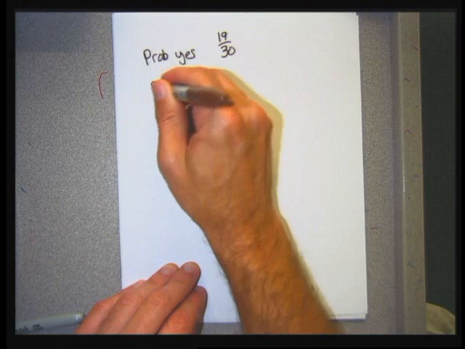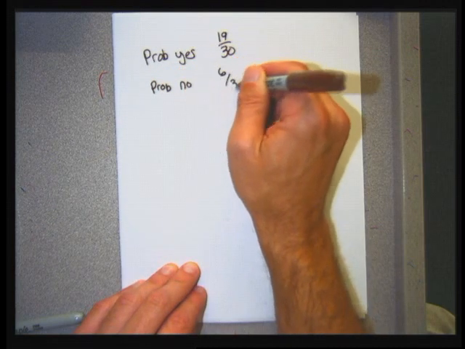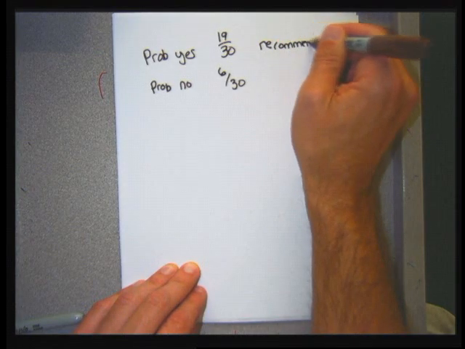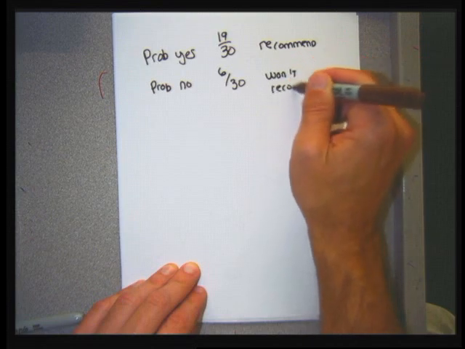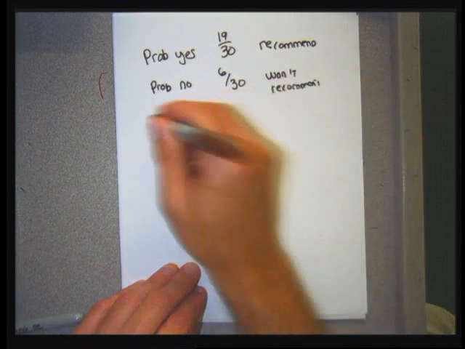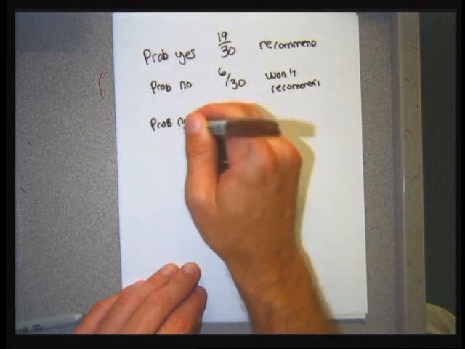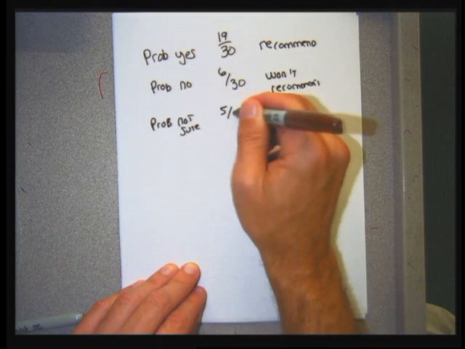The probability that they'd say no or not recommend is 6 in 30. So this is recommend, won't recommend, and not sure. The probability that somebody that's surveyed is not sure is going to be 5 in 30.